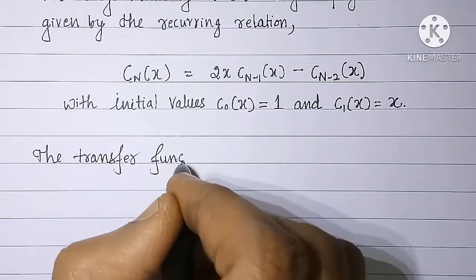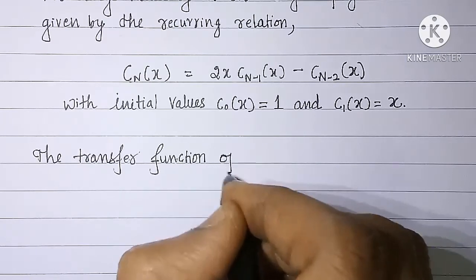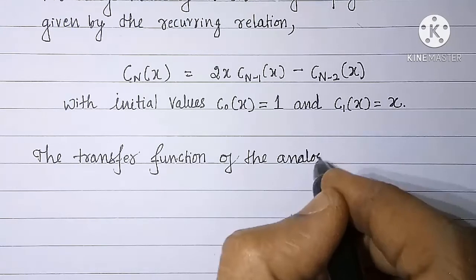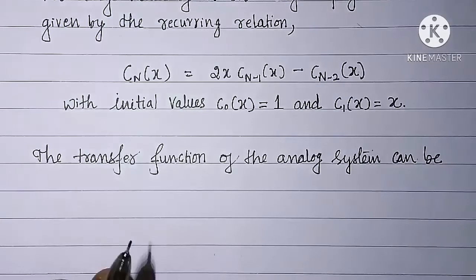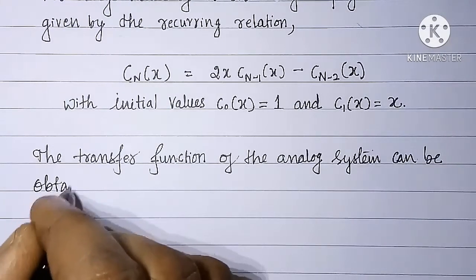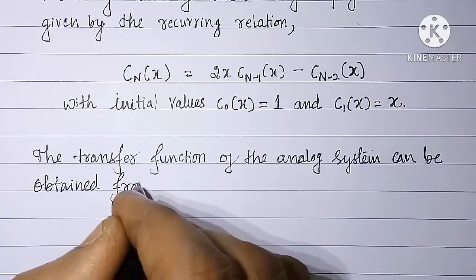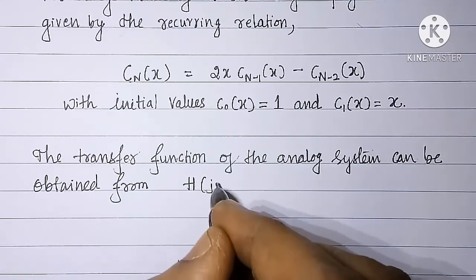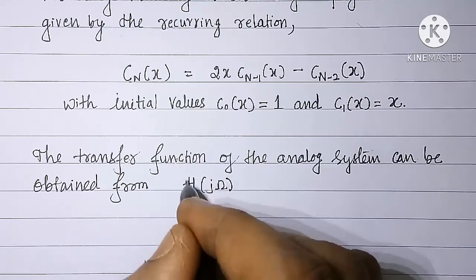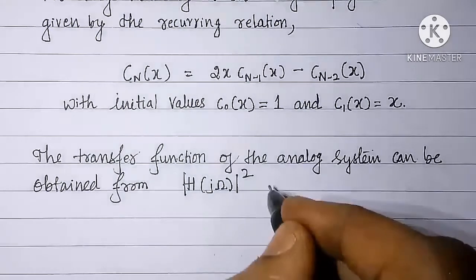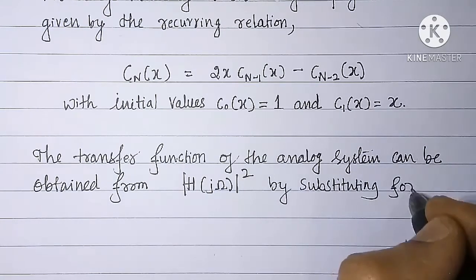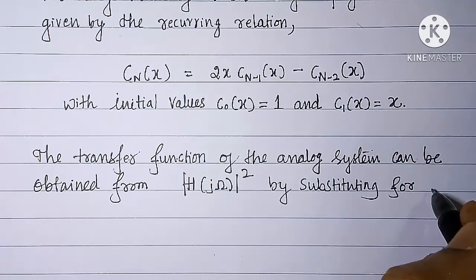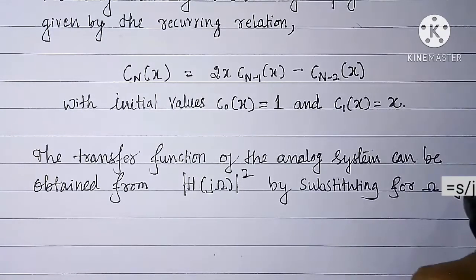The transfer function of the analog system can be obtained from |H(jω)|² by substituting for ω equal to s by j.